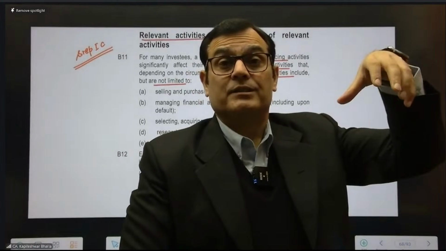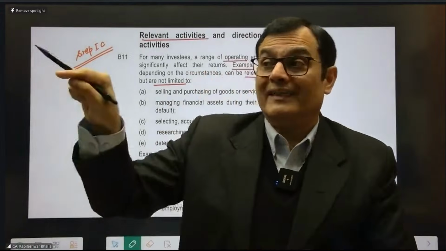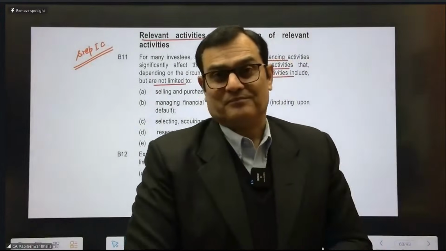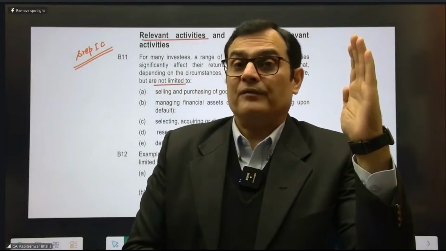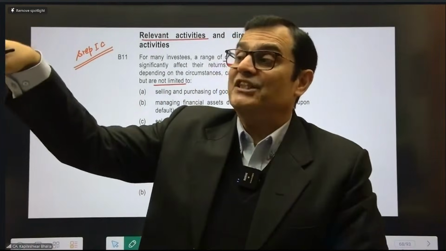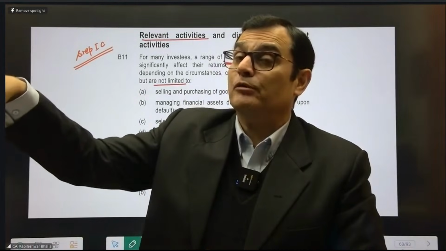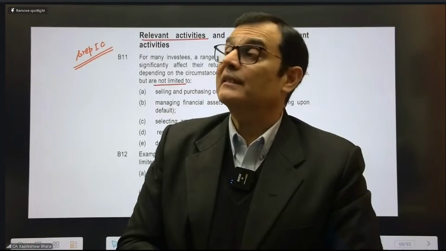Your existing rights should put you in a position that you can take decisions on these activities. I put it again. When I say existing rights, your voting power should put you in a position so that you can direct these kinds of activities. So we're looking at examples of activities which you as an investor can decide.